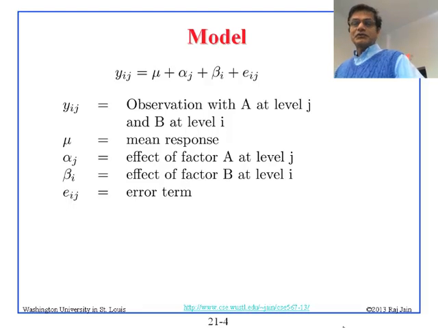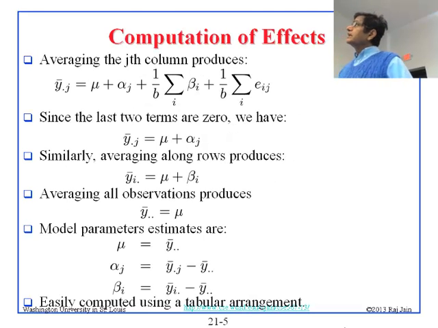Errors obviously add up to 0. So if you take the mean along the i-axis, you will get alpha j. Similarly, if you take the mean along the j-axis, you get beta i. If you take the mean along both of them, you get mu. And therefore, you can calculate alpha j, beta i, and mu together.